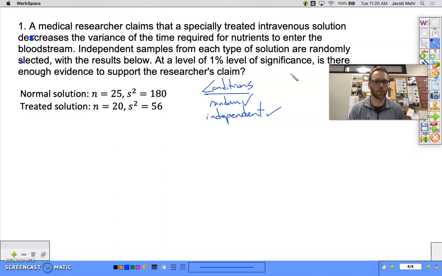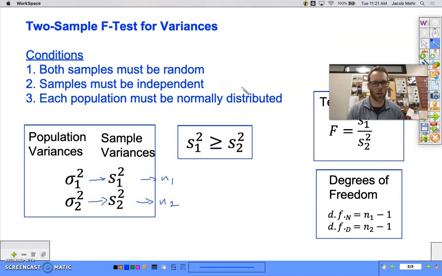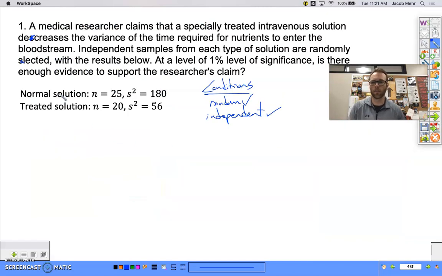I don't see in here, right? So okay, we're missing this one. Okay, so we don't know that the populations are actually normally distributed, that the old solution has a normal distribution, and that the new one has a normal distribution either. So if that's the case, we wouldn't be able to do this problem.